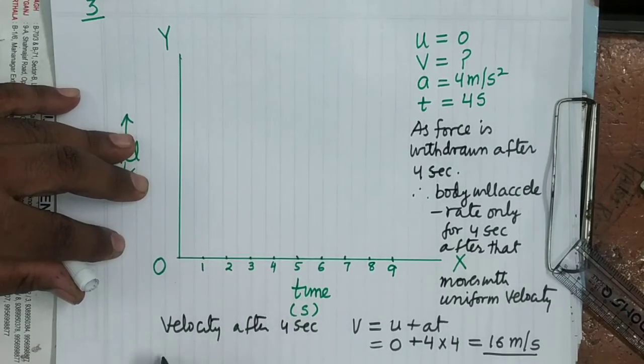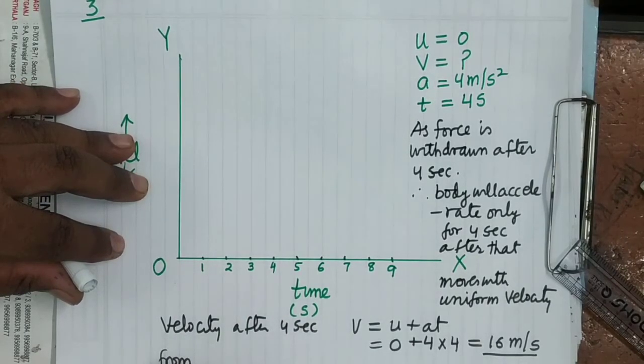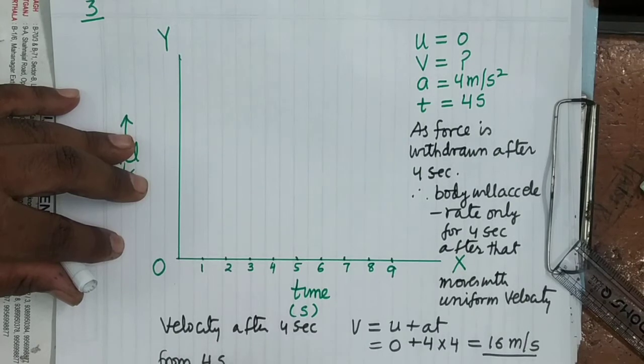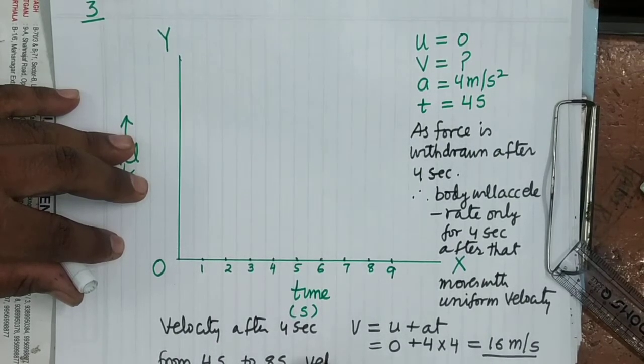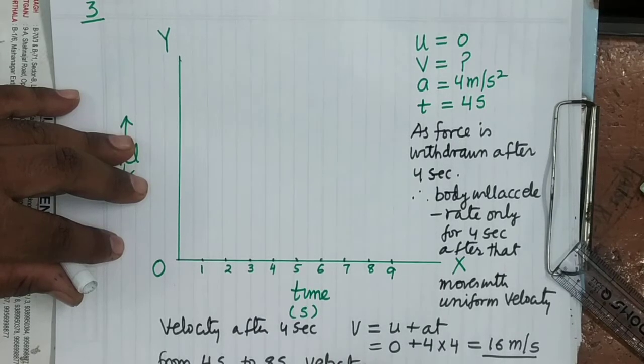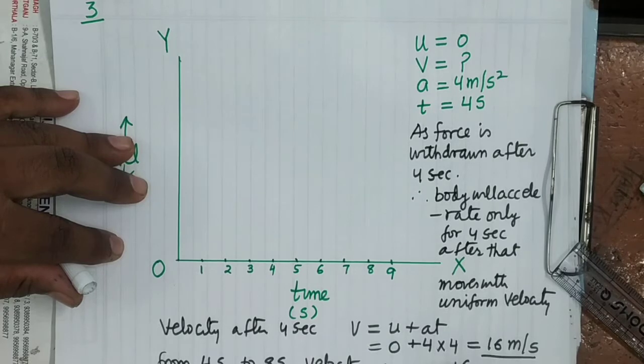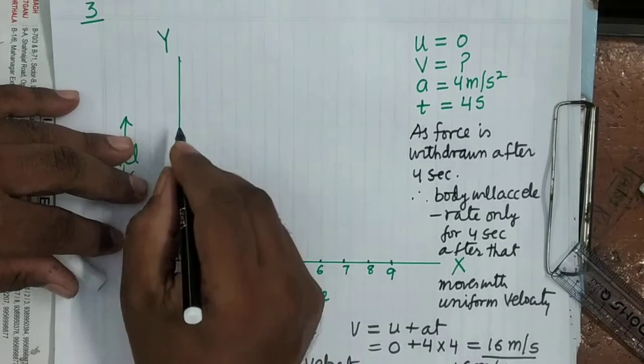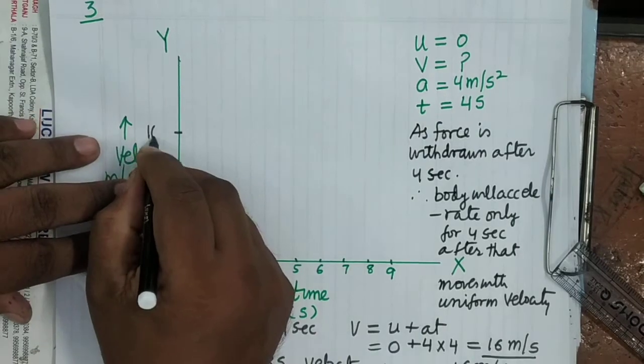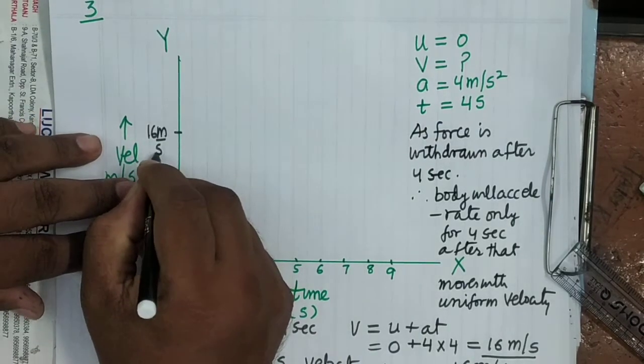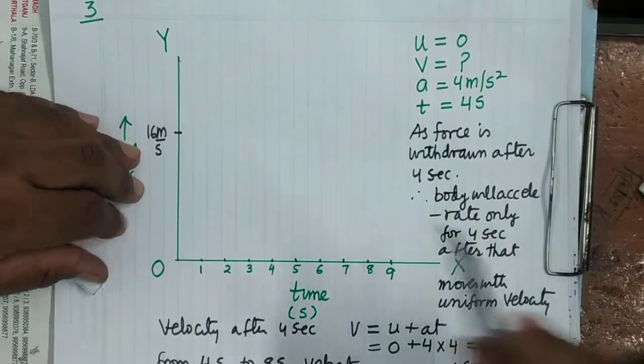From 4 second to 8 second, velocity remains 16 meter per second. But from 0 to 4 it increases to 16.